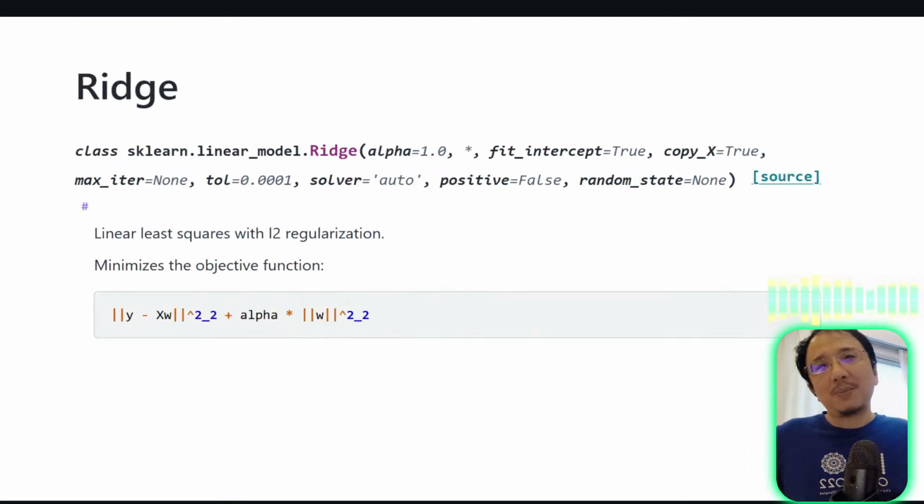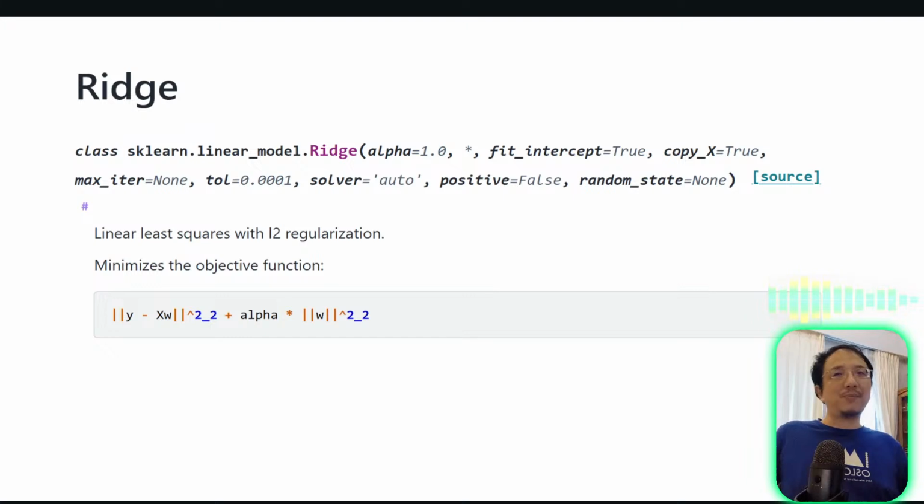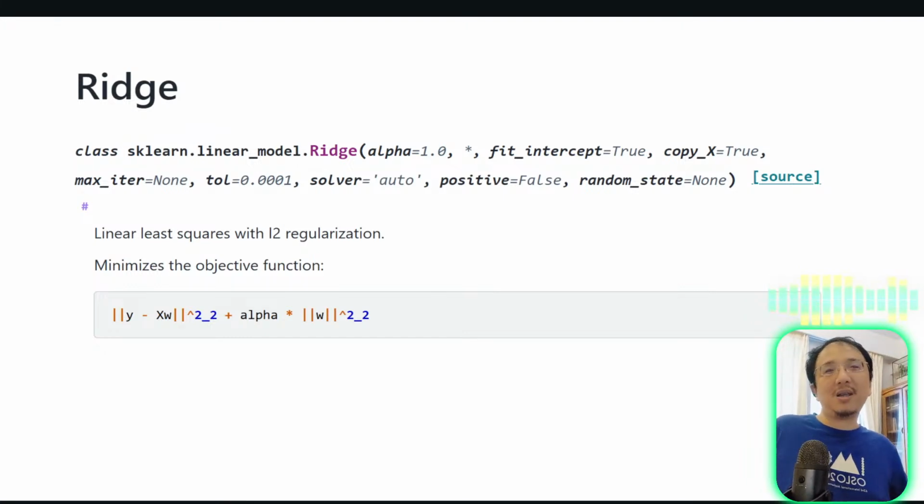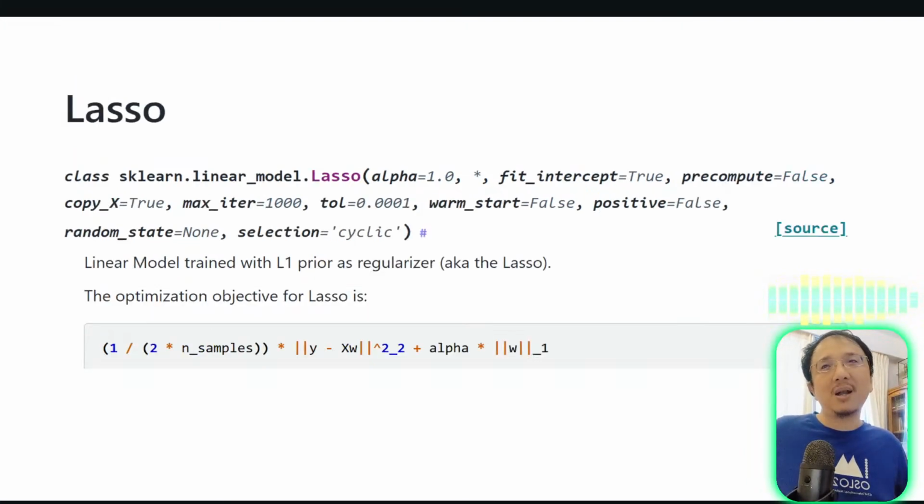But the thing is, people are familiar with these names, and they are shorter. It is easier to pronounce lasso or ridge than to say linear model with L1 regularization. It's not that much shorter, but it's shorter, and it is the word currently in use, a fact you have to accept.